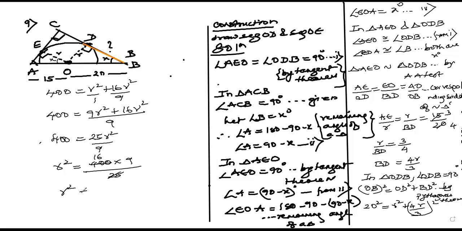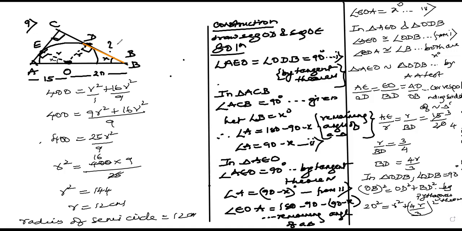So R square equals 144, R equals 12 centimeter. So the radius of the semicircle equals 12 centimeter.